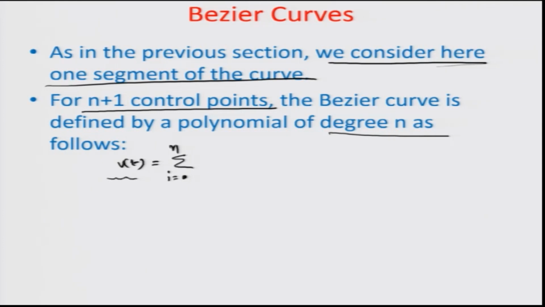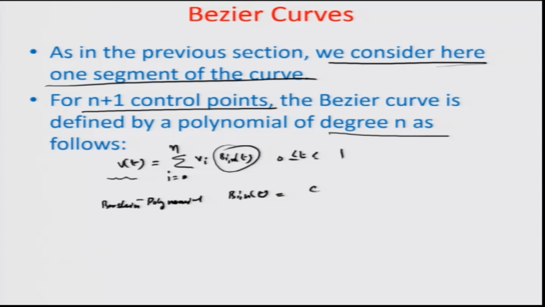So, there are exactly n plus 1 points, and this would be represented as V_i B_i,n(t), where t varies between 0 and 1 and is the parameter, and this B_i,n is the Bernstein polynomial. Okay, so the Bernstein polynomial is defined as the combination C(n, i) t to the power of i times (1 minus t) to the power of n minus i.